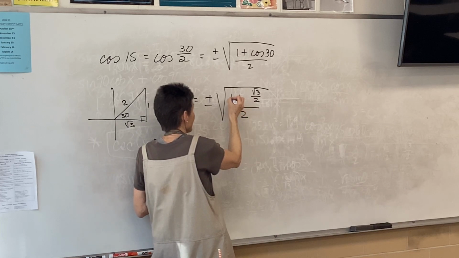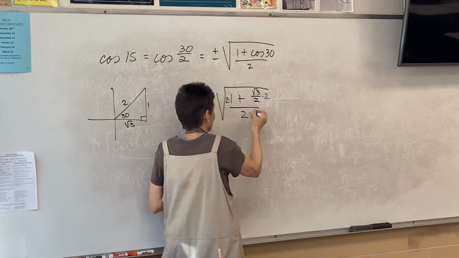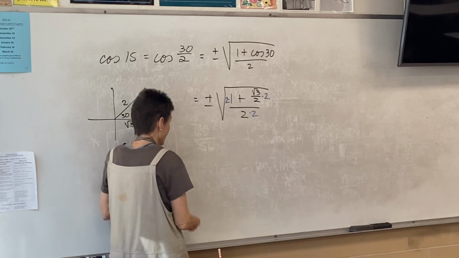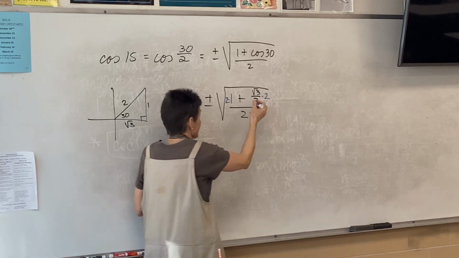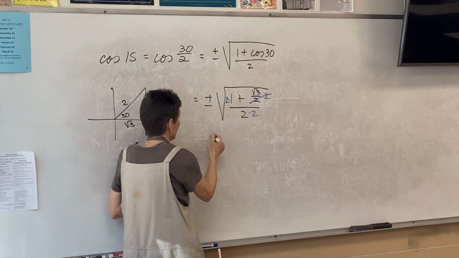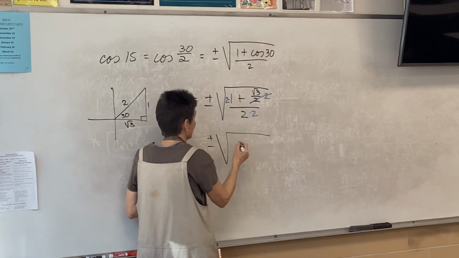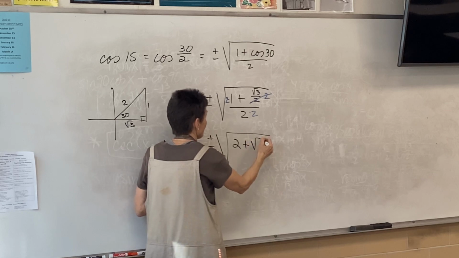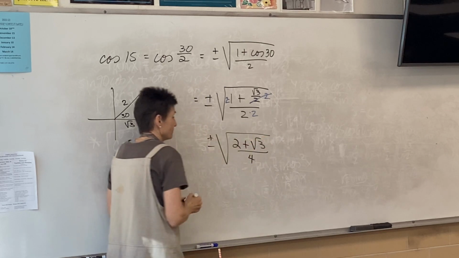So I'm going to multiply everything by 2. And that's going to cancel this out right here. That's going to go away. So now I'm going to have plus or minus the square root of 2 plus root 3 over 4.